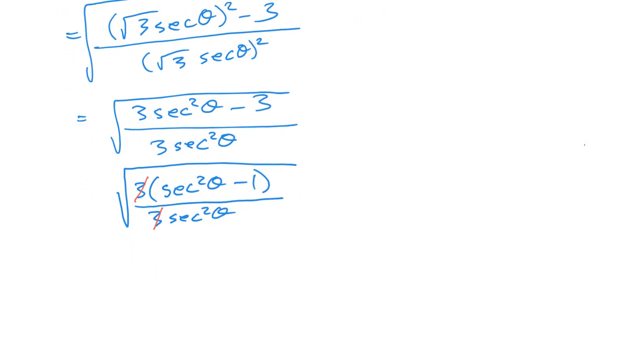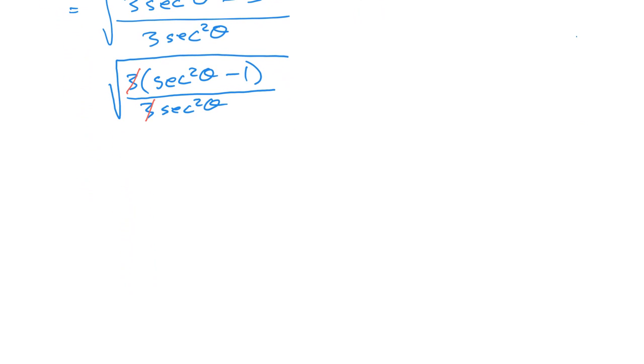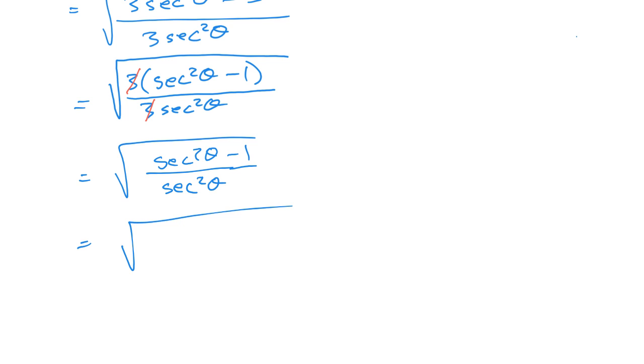And now let's simplify underneath the square root sign here, which gives us the square root of sec squared theta minus 1 over sec squared theta. So now I could write this as the square root of 1 minus 1 over sec squared theta.